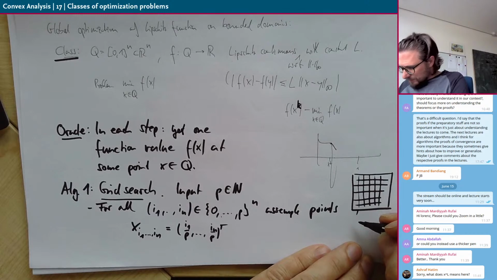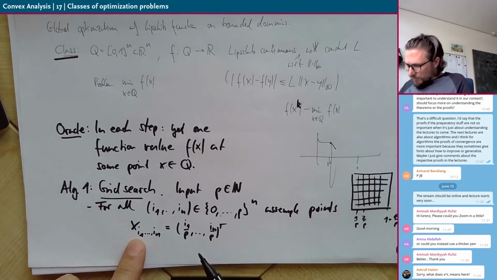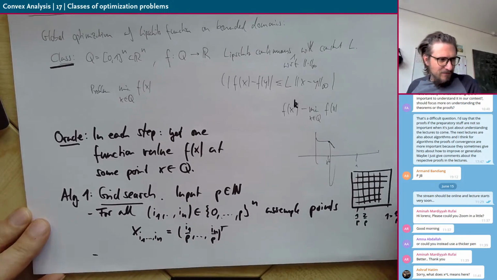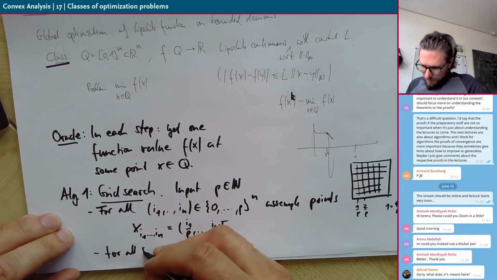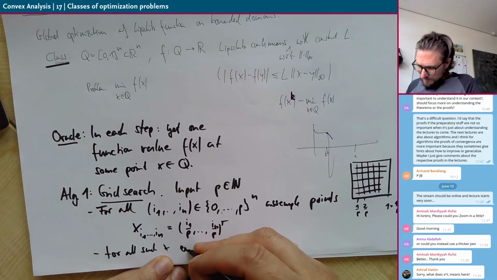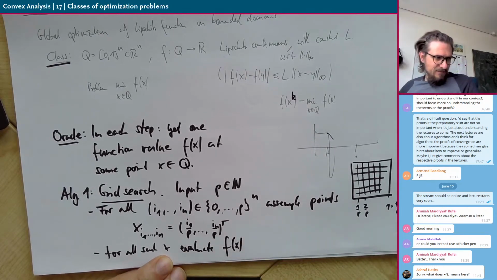So this is here 1 over p, 2 over p, and 1 equals p over p. And so these are all the points which lie on the grid. What the method now does is, for all such x, evaluate f of x.